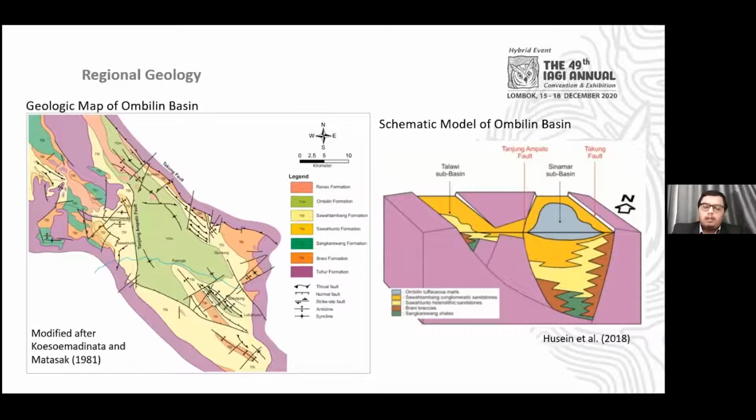And then subsidence continued, and we have sedimentation of the Sawah Lunto and Sawah Tambang fluvial deposits. And then as we enter the Neogene, the Miocene, we have marine deposition of the Ombilin Formation. So that is a short summary of the stratigraphy and sedimentation of the Ombilin Basin.